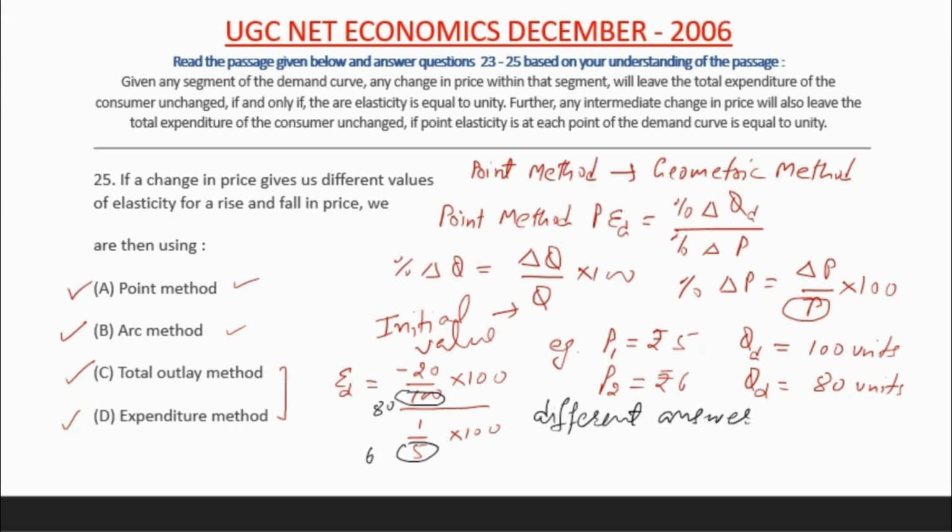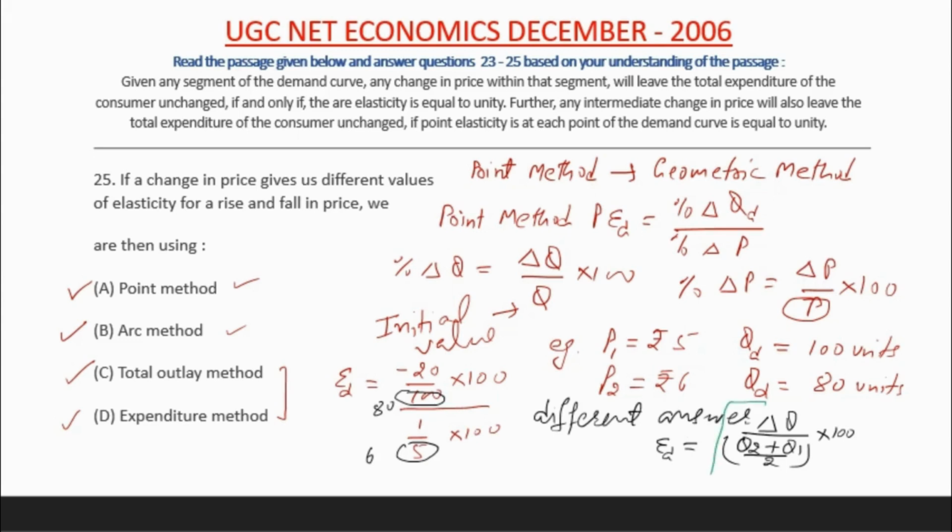To get rid of this problem, we divide the absolute change of quantity. ED is equal to delta Q. We divide delta Q by the average of quantities, which is Q2 plus Q1 upon 2, then multiplied by 100, and this is percentage change in quantity.